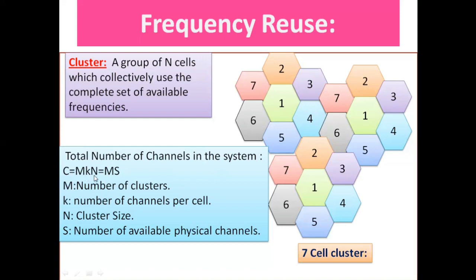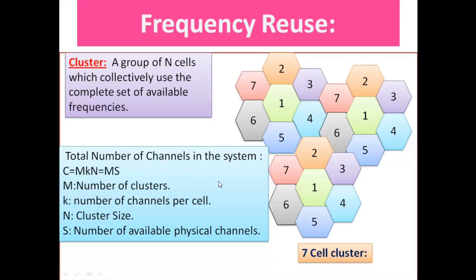Now we can see here that by going in for more clusters, the number of channels can be calculated. Suppose this is the area to be served, and how many users can be served? The number of channels is the product of M, K and N. M is the number of clusters. So here I have one cluster, second cluster, third cluster. In each cluster the cluster size is N equal to 7, so in each cluster I have 7 cells.